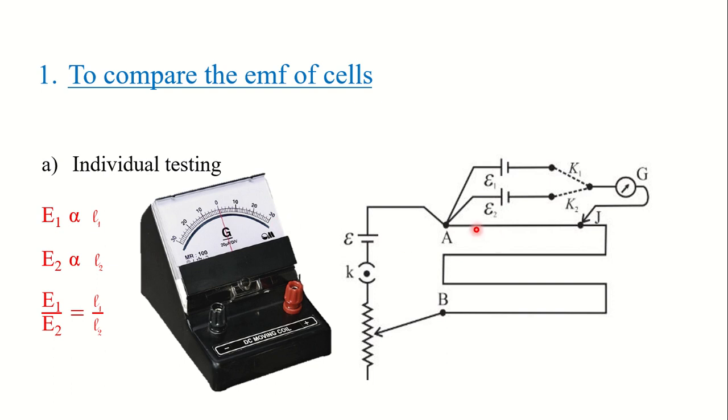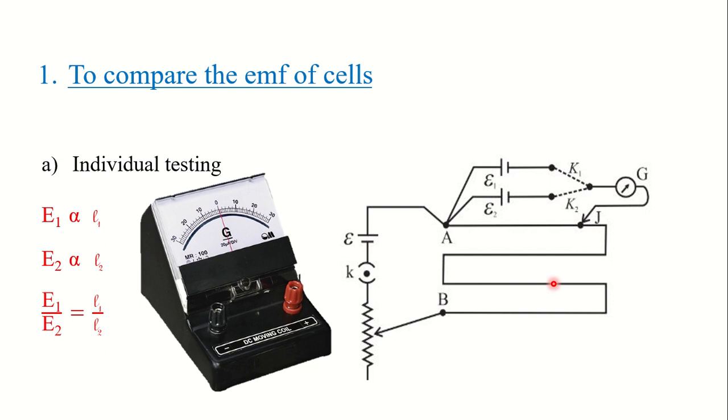After that, you will find the point where the galvanometer is showing zero deflection. There will be only one point where the galvanometer shows zero deflection.